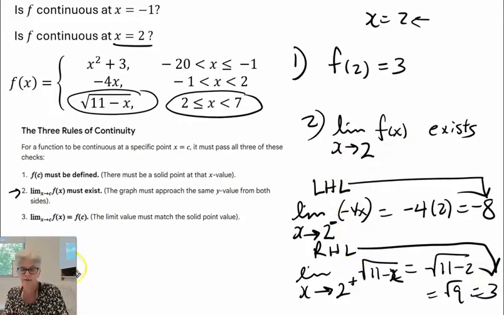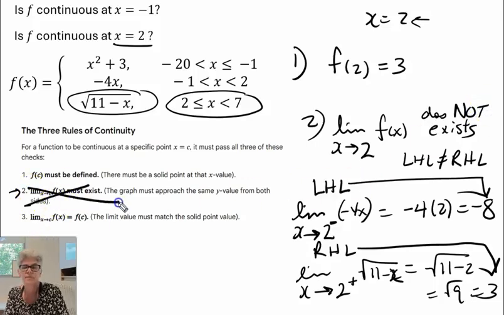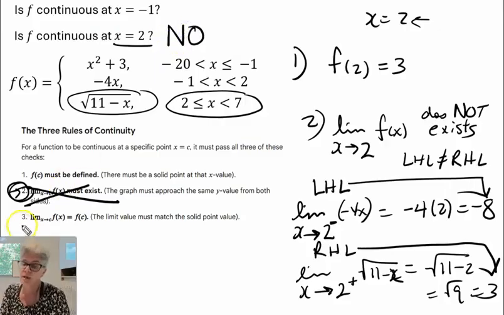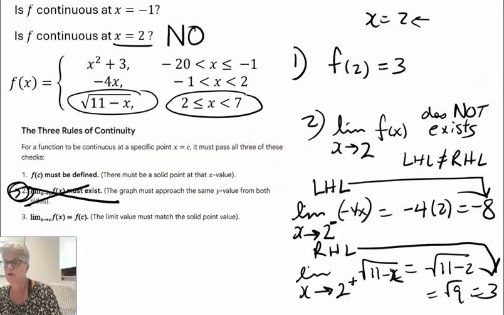My left-hand limit is not the same as my right-hand limit. Therefore, the limit does not exist. So my second rule is violated. Therefore, is f continuous at x equals 2? No, it is not. So I don't even need to check the third one. As soon as one of those is violated, our answer is no.